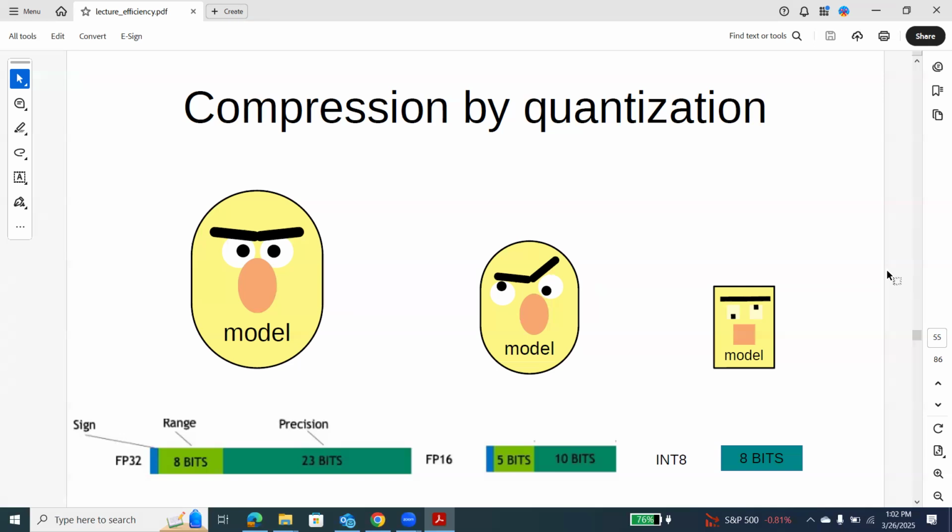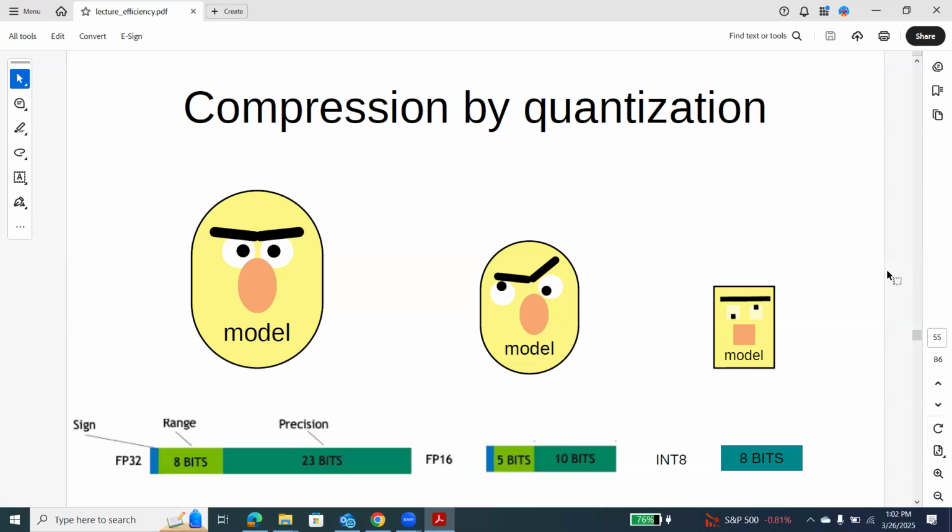So if you think about the standard precision, 32 bits, do you remember what it means?